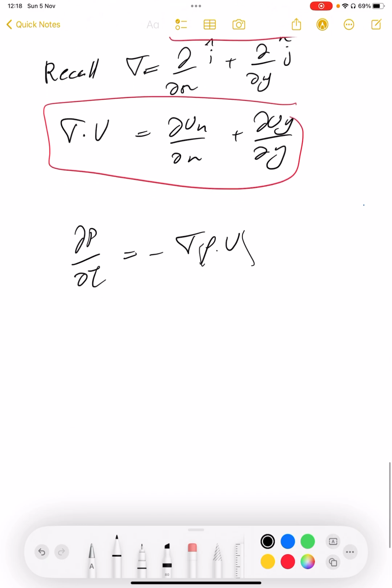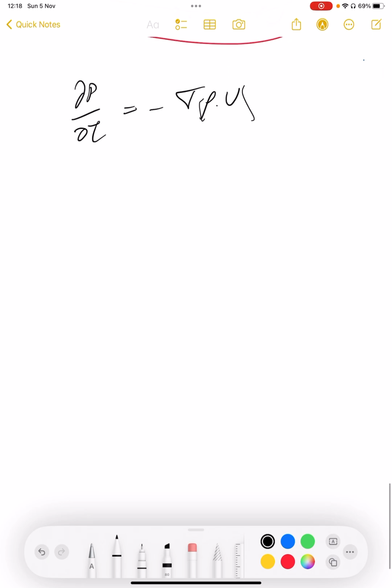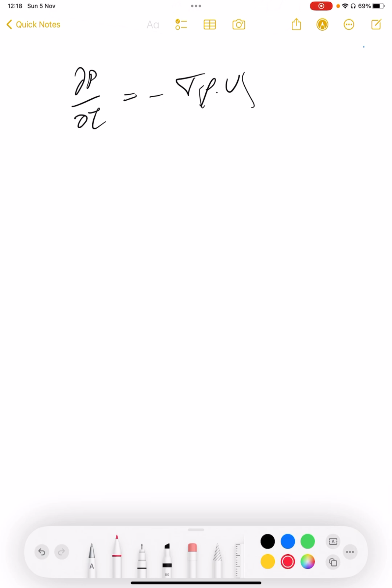All right. So what I got was this equation here, which we call conservation of mass, or some people call it the continuity equation.